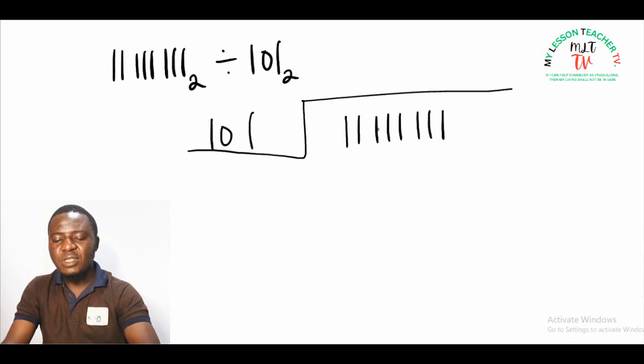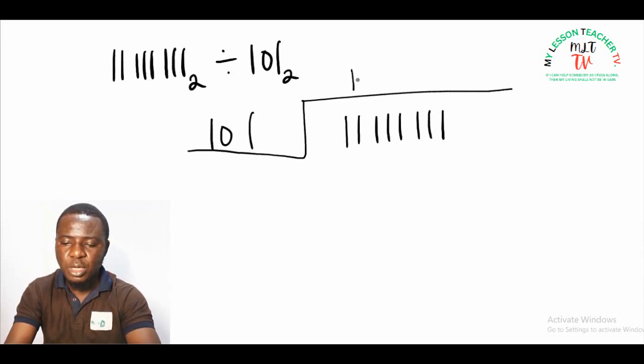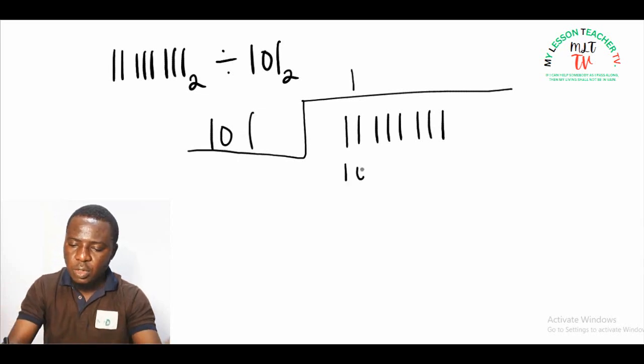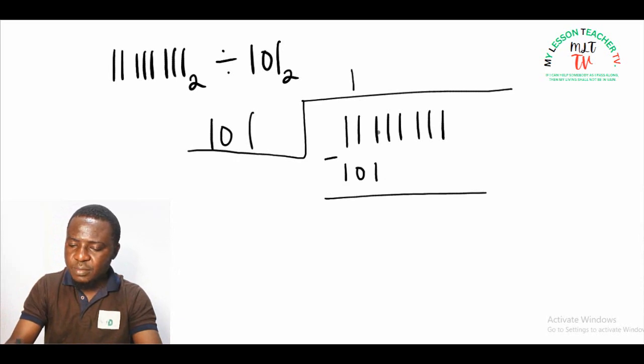So 7 divided by 5 is 1, remainder 2. We keep the remainder, okay? What we are actually after is the multiple. So 1 times 101 will give us 101. Find the difference.